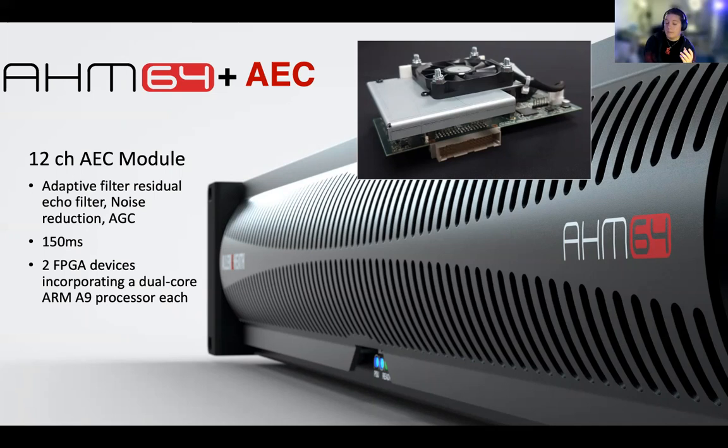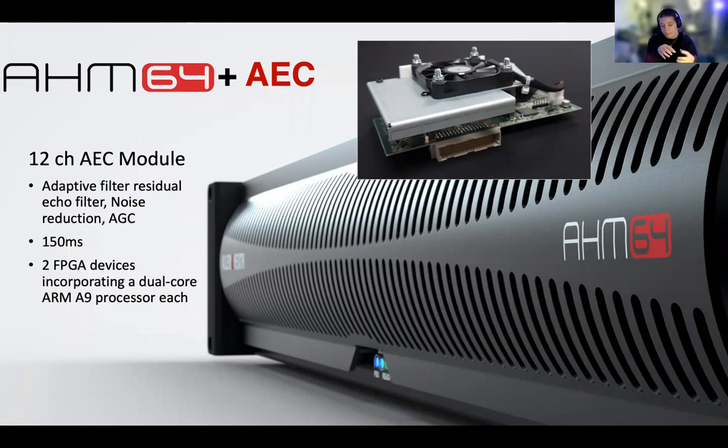We do this specifically so that we can do all of this extra math, all of this extra processing on this card and not interfere with the rest of the AHM64. On some other systems, it comes with AEC, ours is optional. It comes on it and in it. And when you're using it, it starts to absorb the processing availability from the rest of the unit.